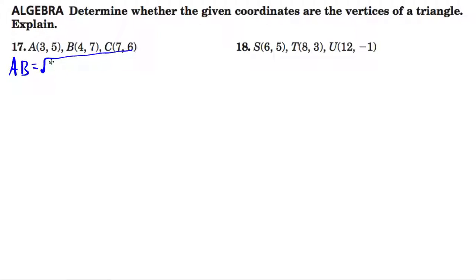is the square root of 3 minus 4 squared plus 5 minus 7 squared. So this is 1 plus, that's negative 2 squared, which is 4. So AB is the square root of 5.